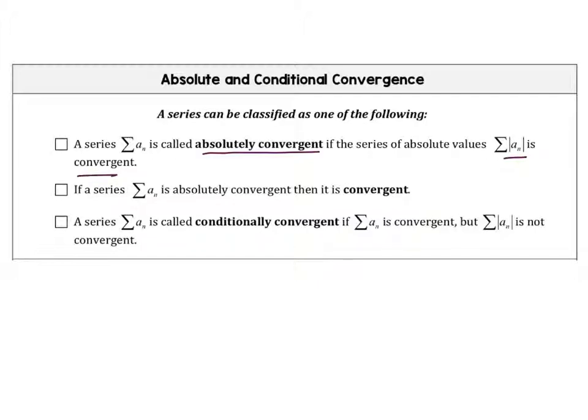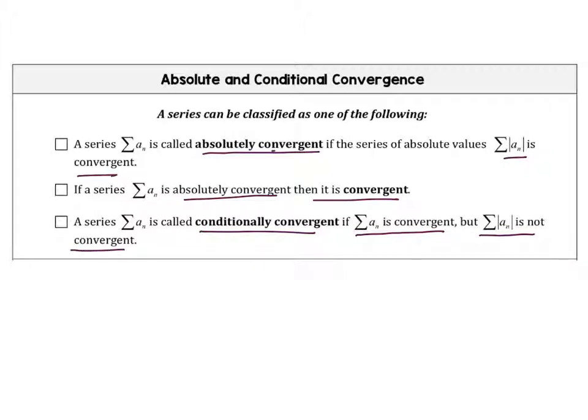If a series is absolutely convergent, then it is convergent. A series is called conditionally convergent if the series converges, but notice the series of absolute values is not convergent.